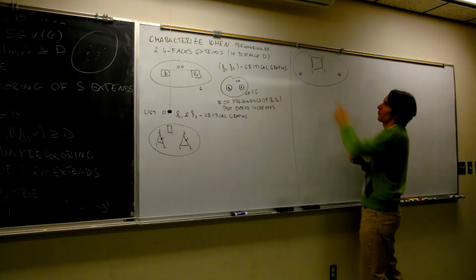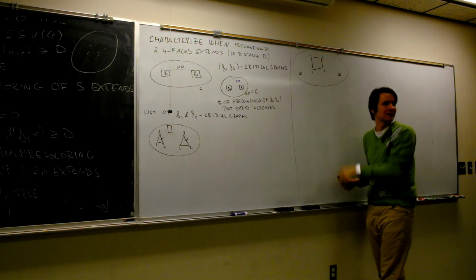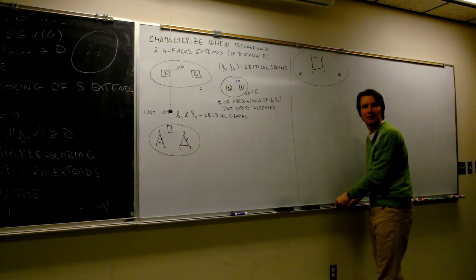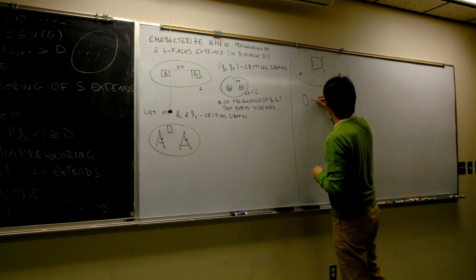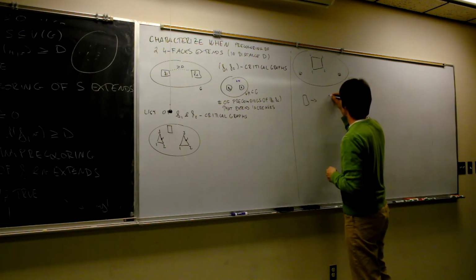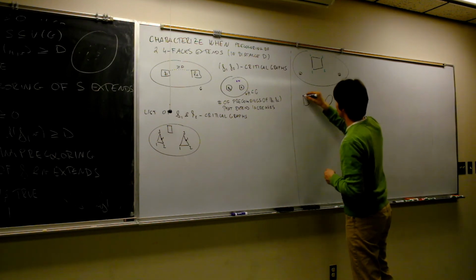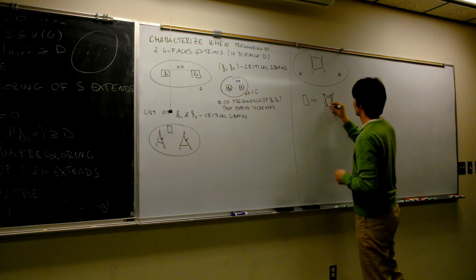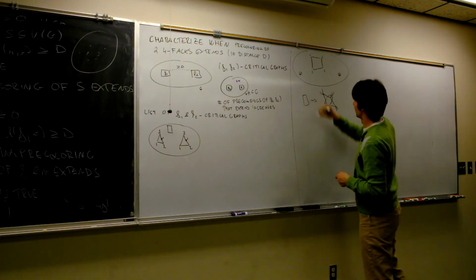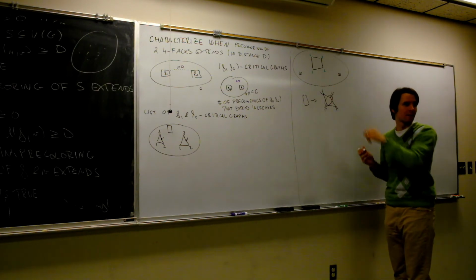And then opposite vertices of the four face have to be colored the same. So what you can try to do is that if you see a four face, you identify the opposite vertices in it into one big vertex. You can do things like this.